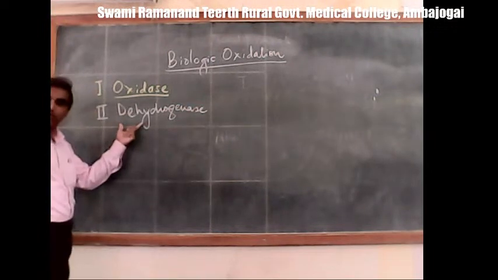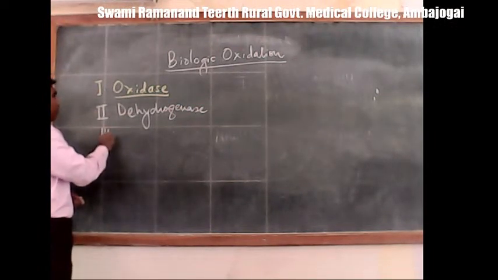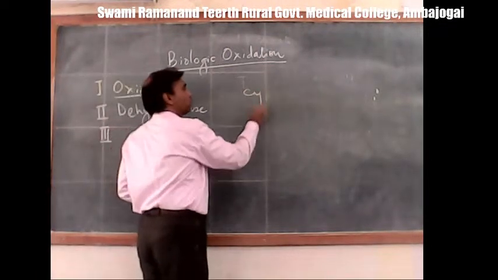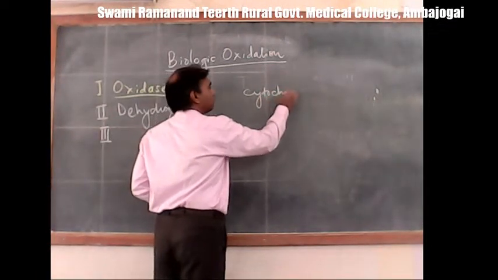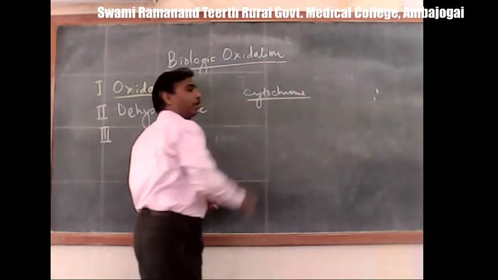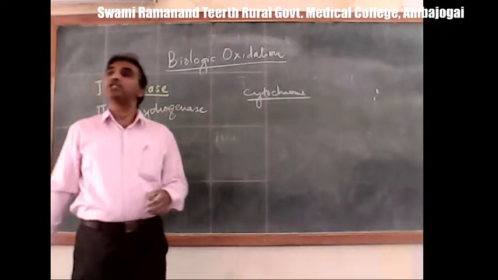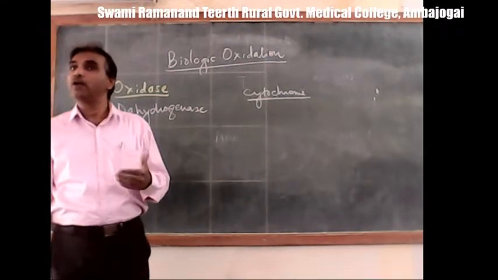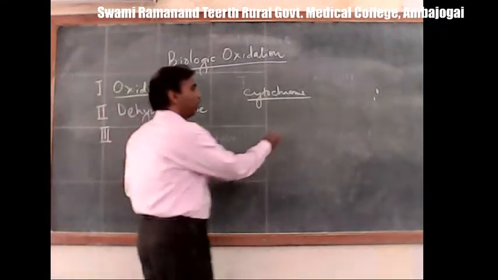Second is dehydrogenase, that we have studied. Before going to third, there are cytochromes in our body, which we have already seen oscillate between ferrous and ferric form.